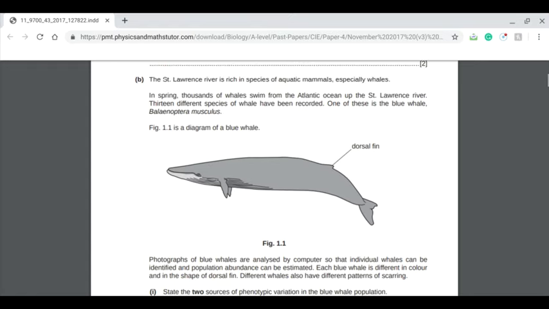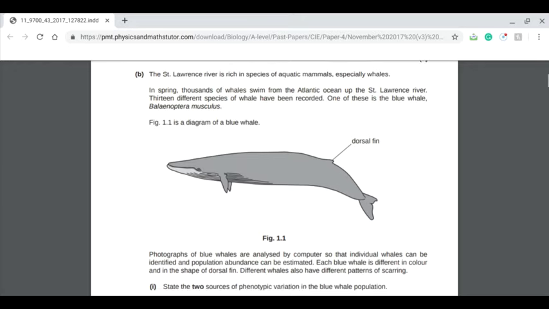So the St. Lawrence River is rich in species of aquatic mammals, especially whales. In spring, thousands of whales swim from the Atlantic Ocean up the St. Lawrence River. 13 different species of whale have been recorded. One of these whales is the blue whale, etc. I do not know how to say that name, so I'm not going to even try.